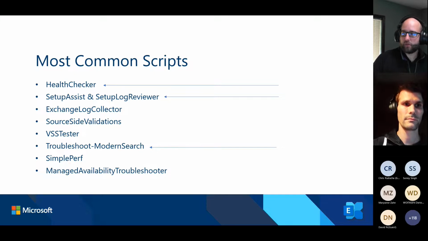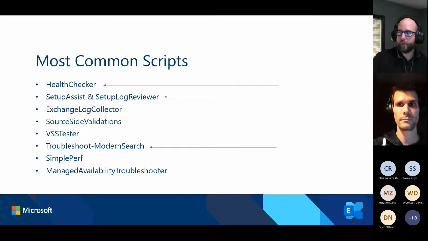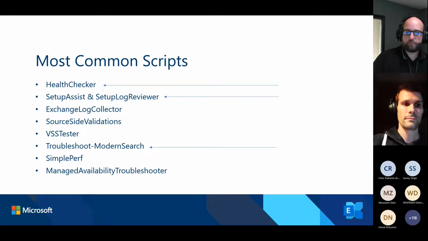The source side validation was one of those scripts that was on TechNet Gallery, very well written for Exchange 2010, but as soon as we had modern public folders, we wanted to add some additional checks, and we just couldn't easily do that. So we optimized it and ended up creating a different version specifically for modern public folders migrating to Exchange Online, to do some additional testing.